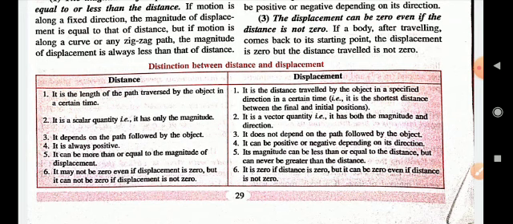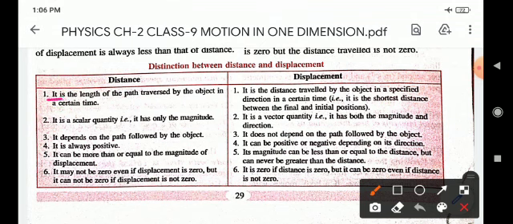Distance is the length of the path traveled by an object in a certain time. Displacement is the distance traveled by the object in a specified direction in a specified time. It is the shortest distance between the final and initial position.